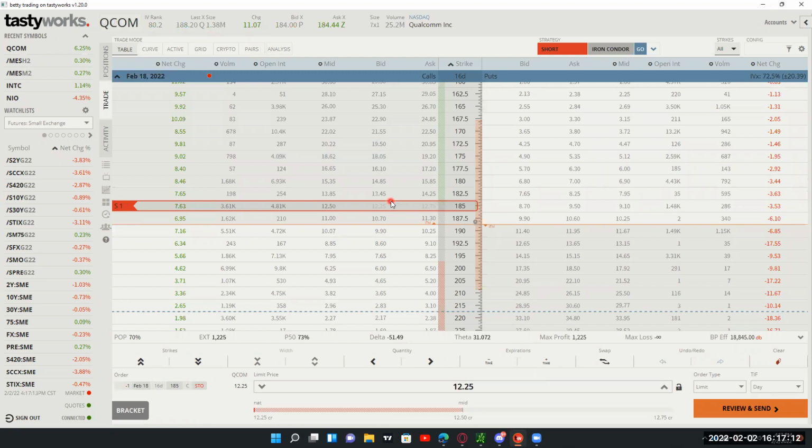But that in the money call has $1,225 of extrinsic value, meaning it's going to lose that value. Even if it is in the money, time goes by, it's going to lose that value. Now, it may gain value because price goes up, but it will decay this much from the decay of volatility in time. So we can even sell in the money options and then buy it back when the decay drops.